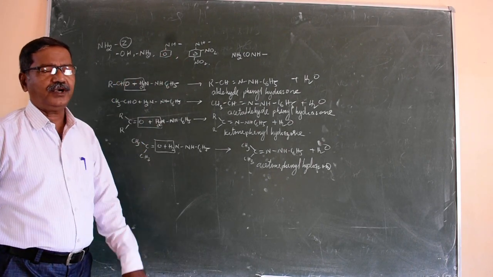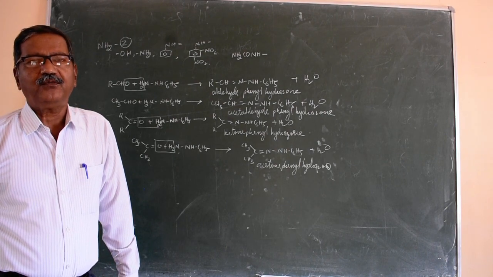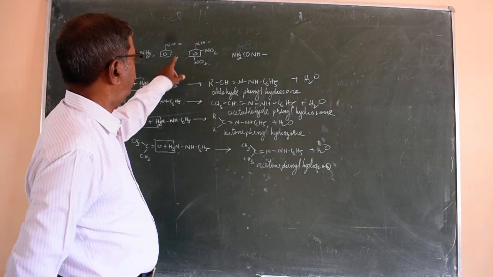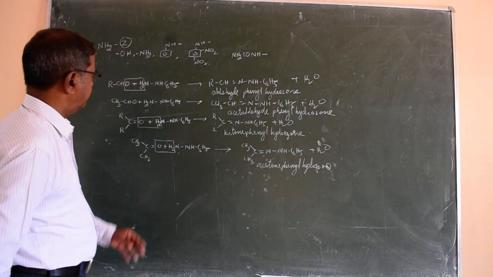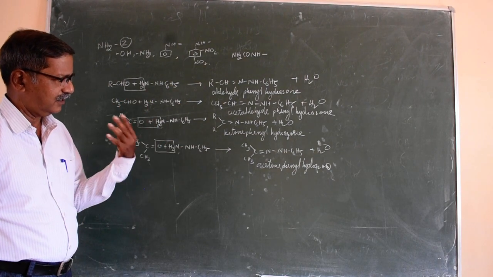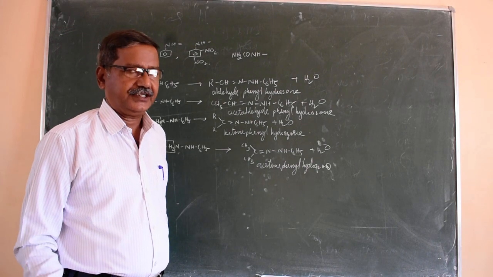Afterwards we have 2,4-DNP. It's also called 2,4-dinitrophenylhydrazine. That's the full form of 2,4-DNP. The reagent is 2,4-dinitrophenylhydrazine and the products are 2,4-dinitrophenylhydrazones.